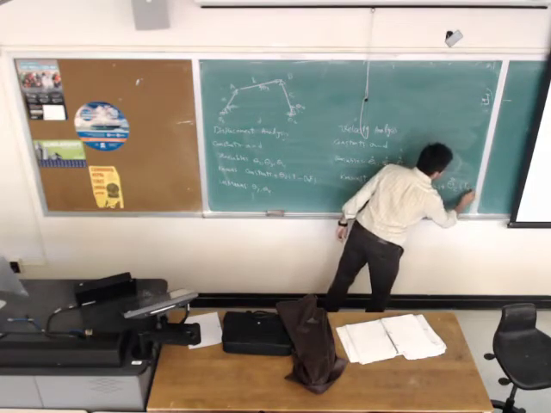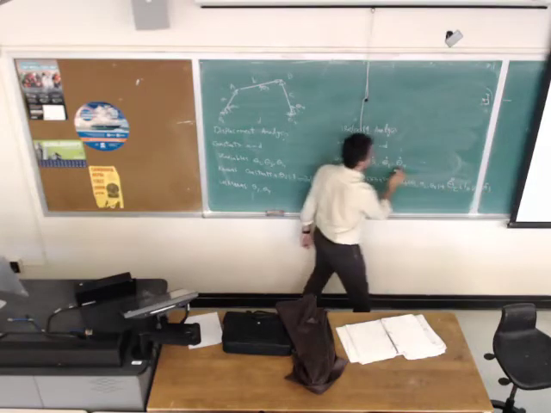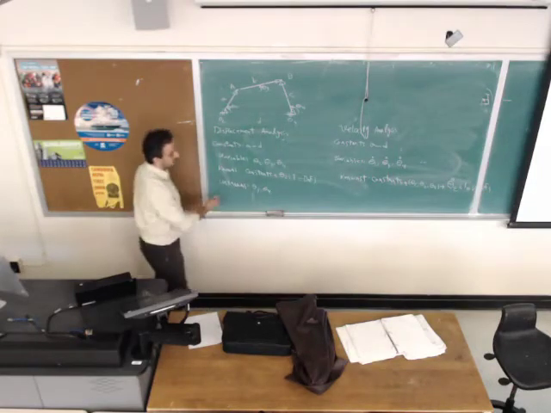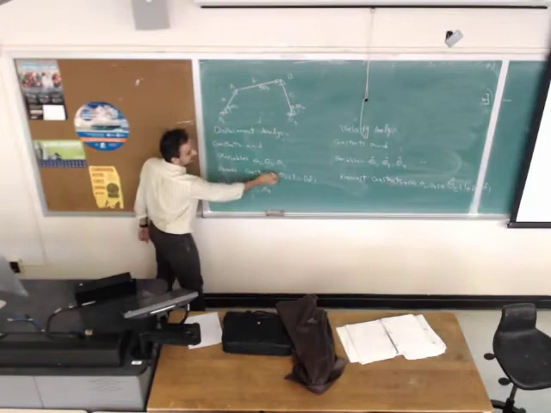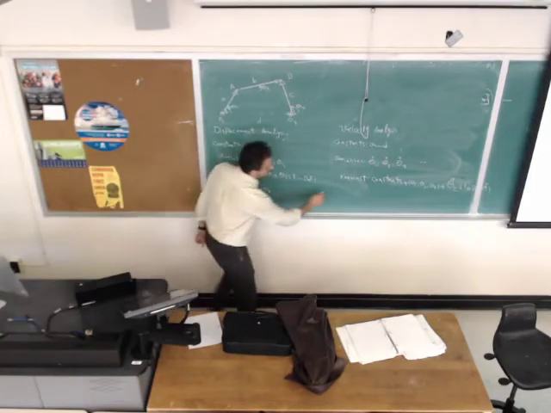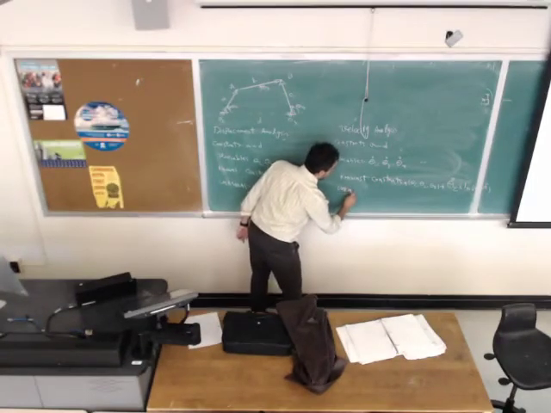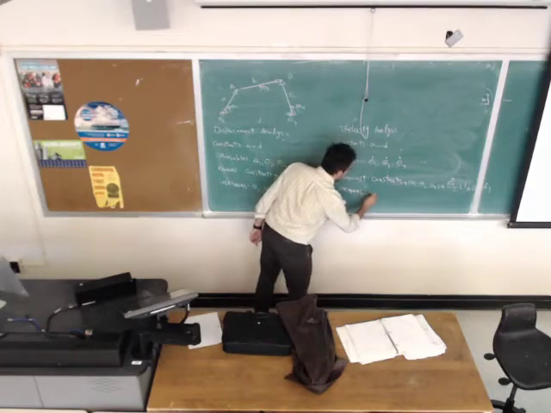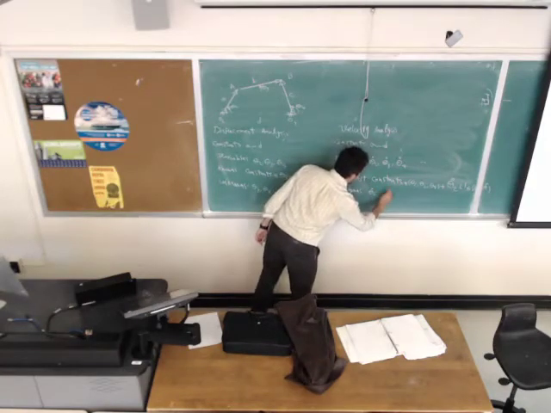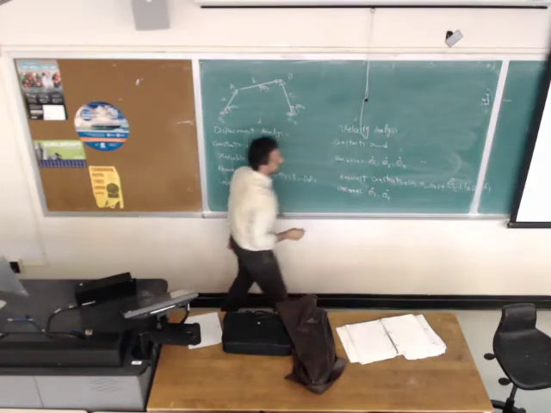Because the degree of freedom is 1, one of the velocities should be given. So omega 2, whatever the variable is here, its velocity should be known. We are solving for theta dot 3 and theta dot 4.